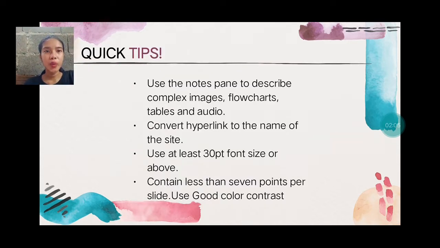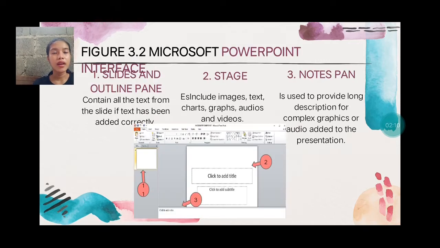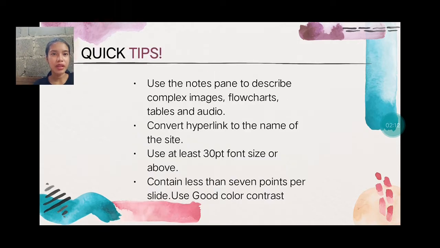I have here some quick tips about Microsoft PowerPoint. First, use the notes pane to describe complex images, flowcharts, tables, and audio. Number two, convert hyperlinks to the name of the site.